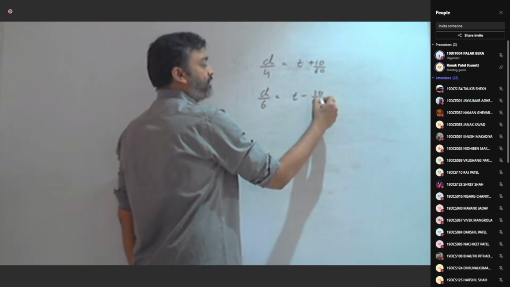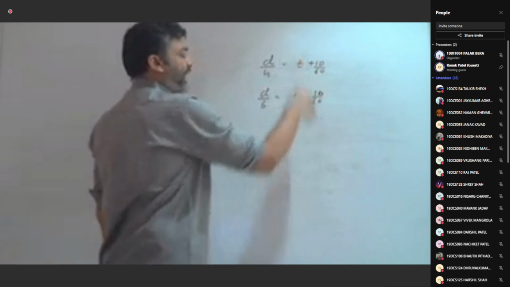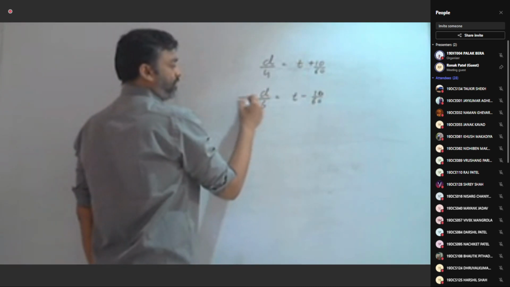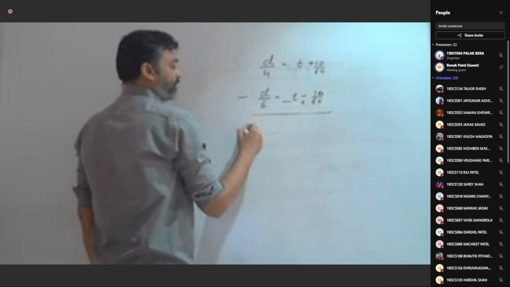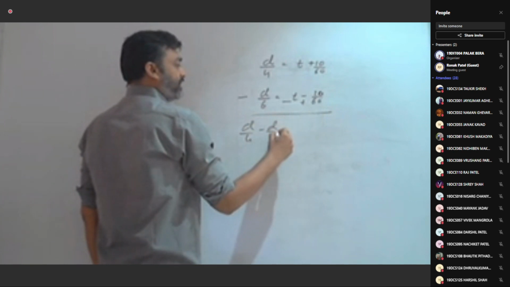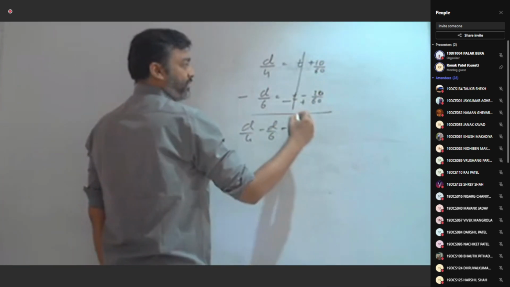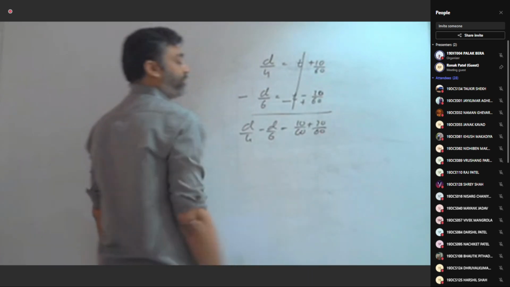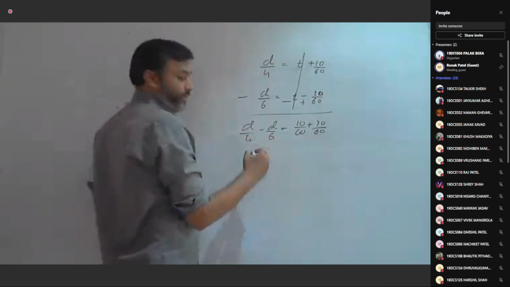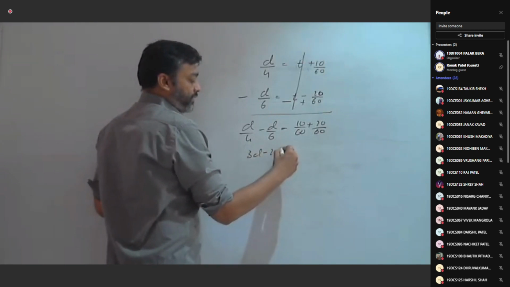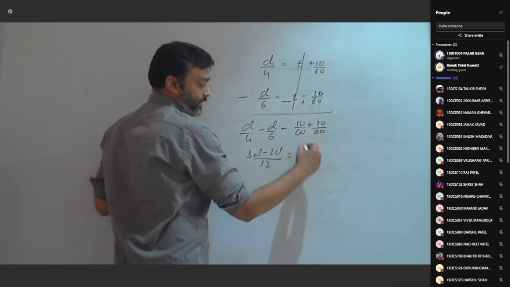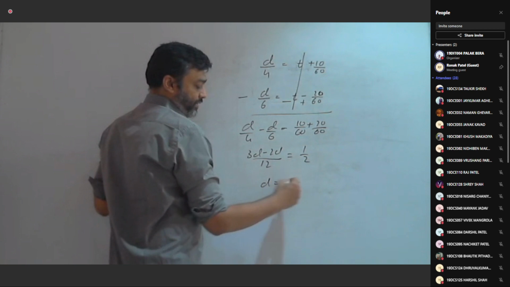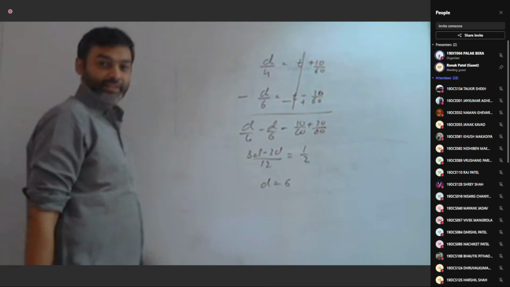So I'll subtract. Time I don't want, so I'll subtract these two. So d upon 4 minus d upon 6 equals 10 upon 60 plus 20 upon 60, the time cancels out. So now I can take LCM 12. So 3d minus 2d upon 12 equals 1 by 2. So d equals 6. So somebody said it is right, 6 kilometer.